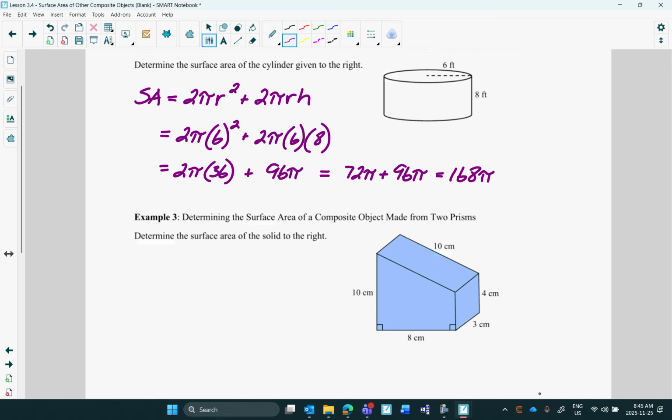You don't necessarily have to, because it doesn't say to round it to anything. So if you stop there, I would accept that. Or we could go ahead and multiply 168 by pi, the pi key, or 3.14, and we get an answer of approximately, 1 or 2 decimal places, doesn't matter.